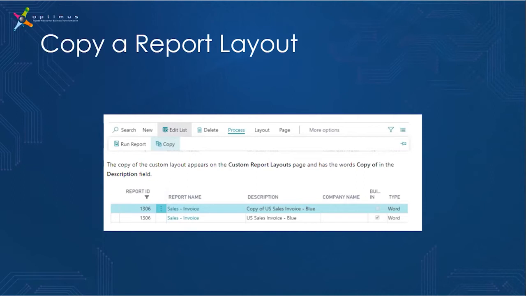Then we use the copy function on the original one. The first time we do that, the description of the report will be a copy of the name of the original report. That is just to know that we have the same report, but it is a copy, because the copy is the one that we're going to use to make our new design or to practice as an example.